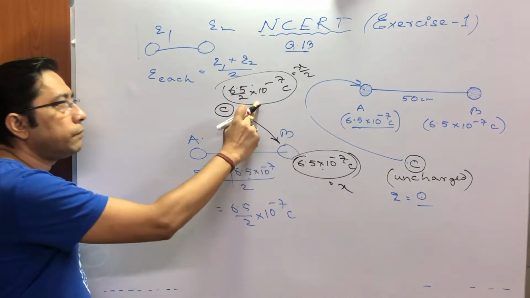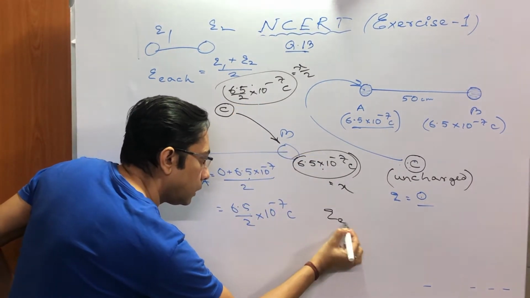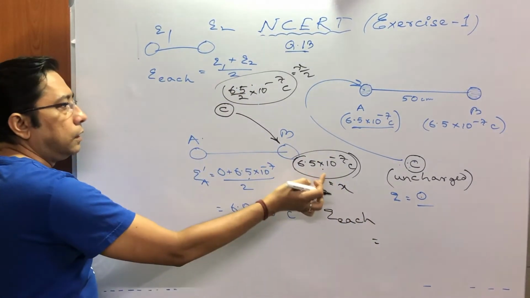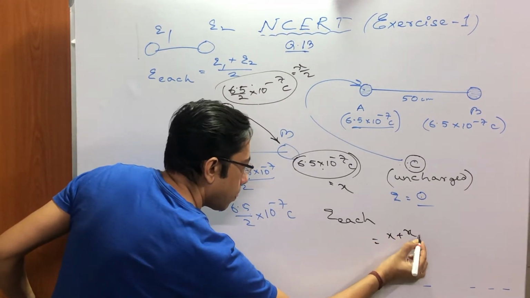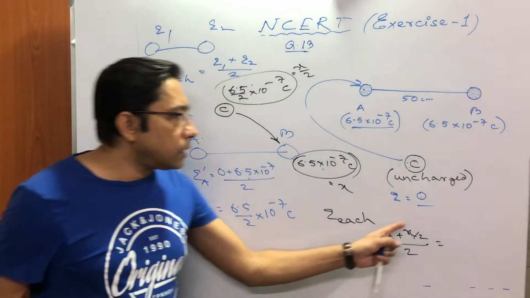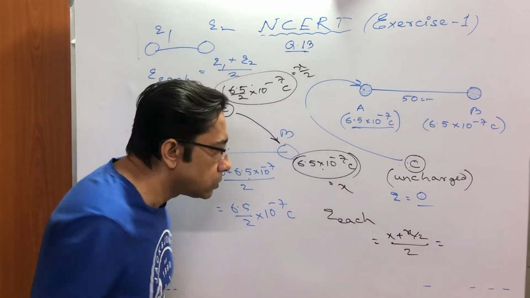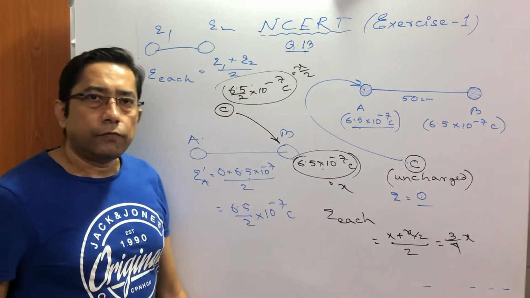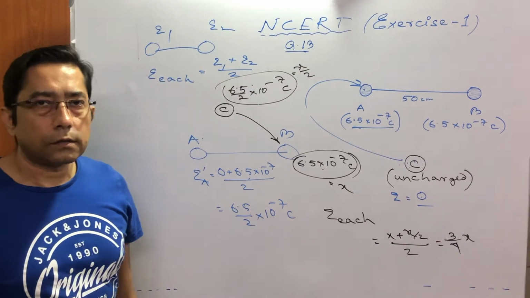So the charge on each after charge distribution would be (x plus x by 2) by 2. How much would it be? 1 plus half means 3 by 2, then by 2 means 3 by 4. So we can write it as 3 by 4 x.